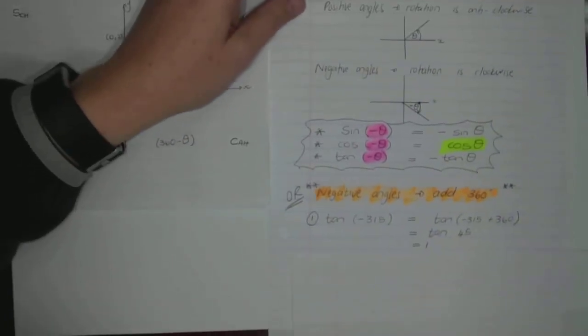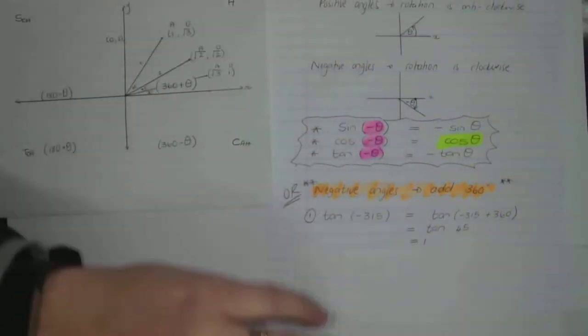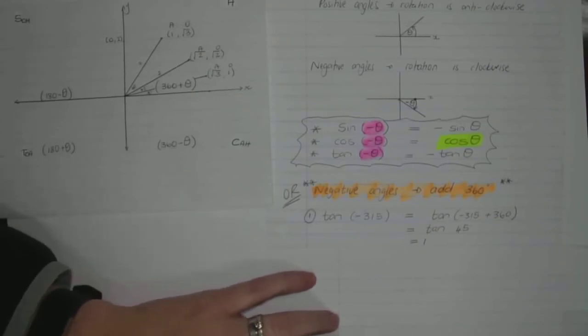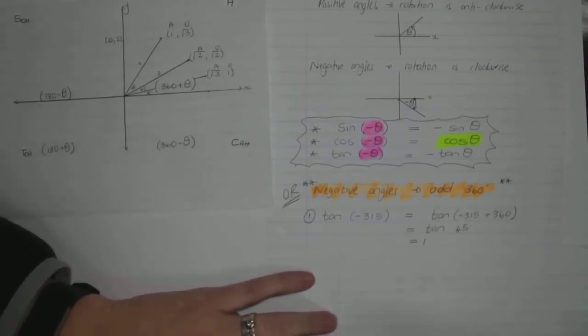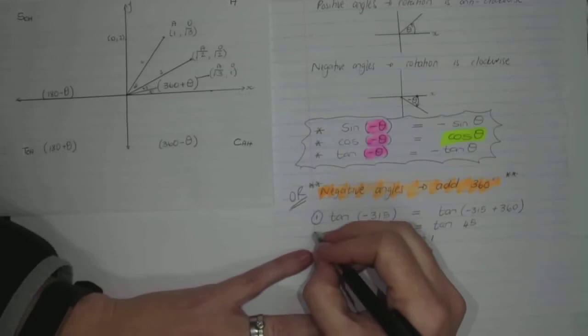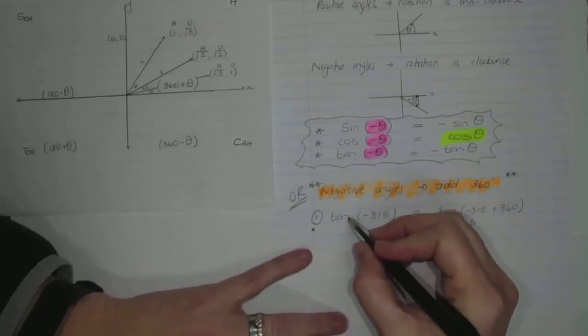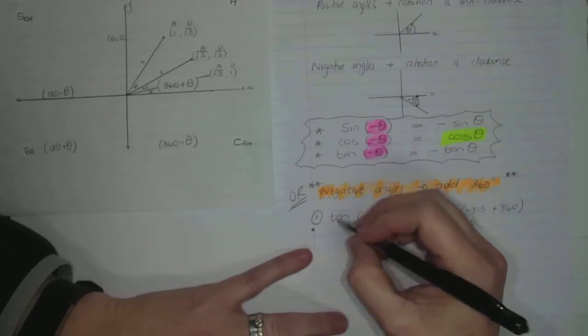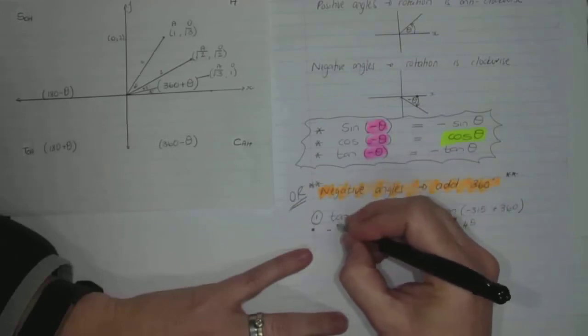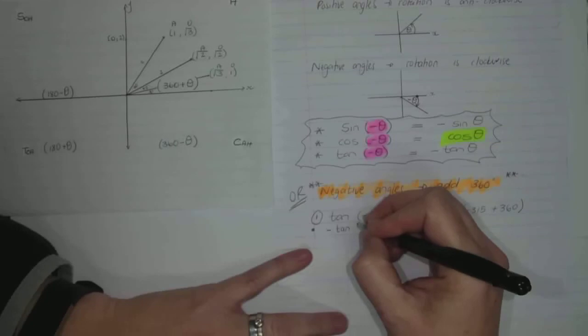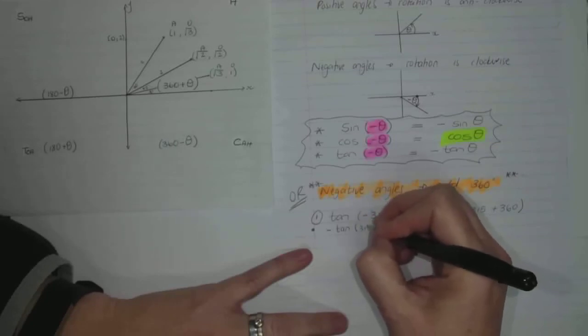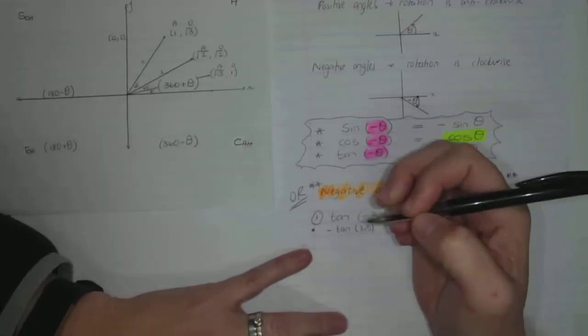So, if I have tan negative 315, okay, the first way to do it is to say, hold on. So tan negative 315 is the same as me saying negative tan of 315.